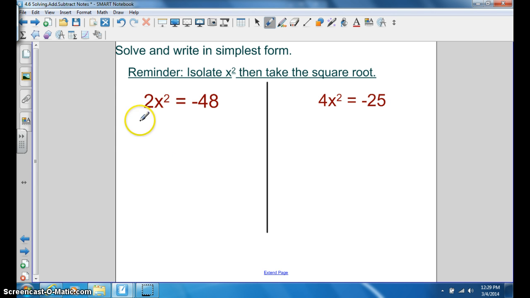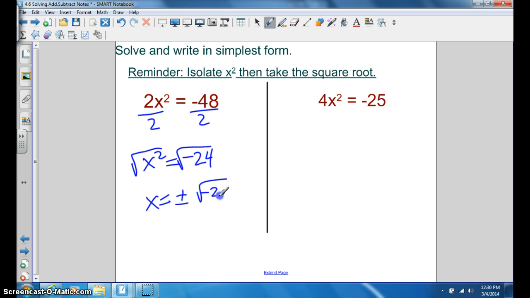Now for these, we have to get x squared all by itself. In our first example, we have to divide by 2 first. When we do that, we have x squared equals -24. Now x squared is all by itself, so now we can take the square root. We are left with x equals plus or minus the square root of -24.